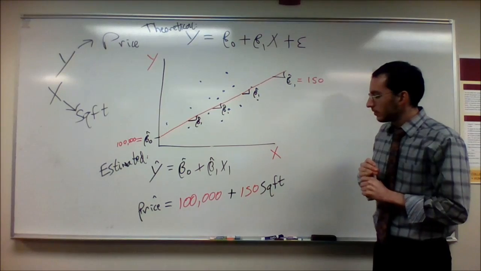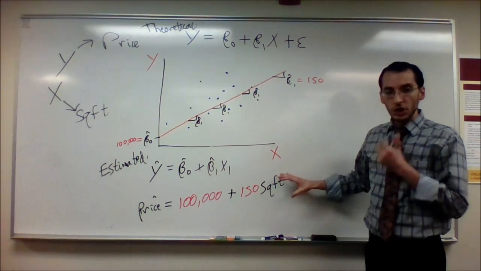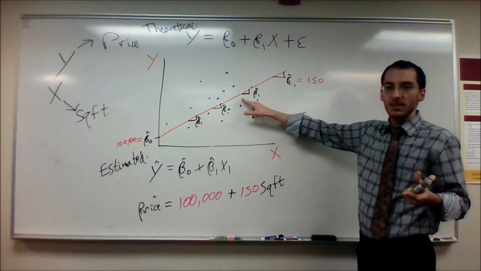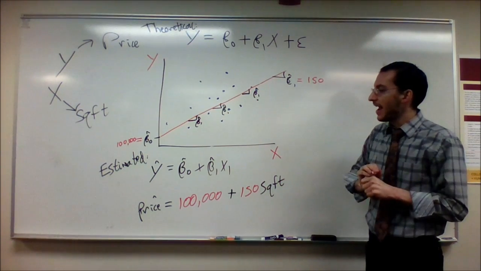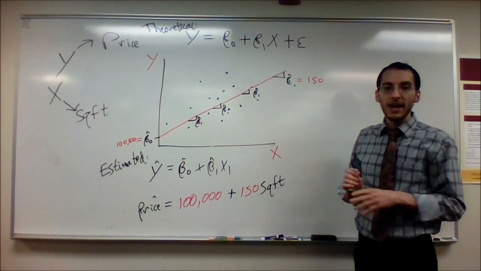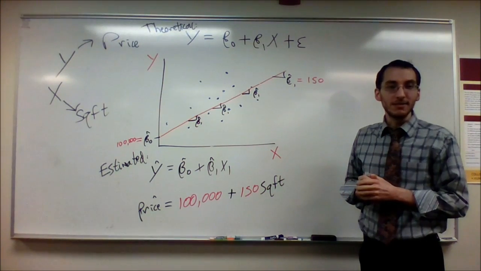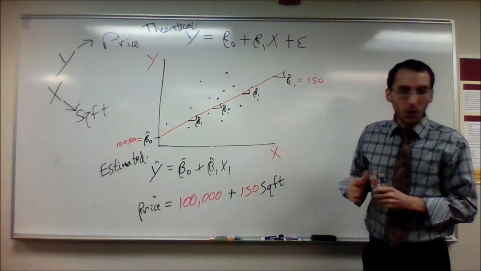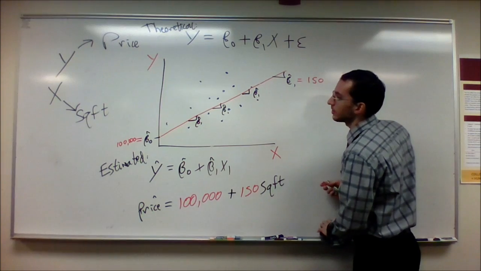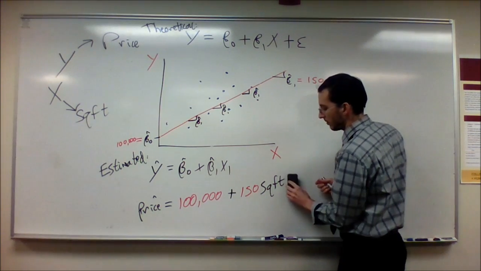So this is all good, but I want to help you understand how we even get this line in the first place and what more we can say about it and some other things that have come up in chapter 1. So let me erase this for now.